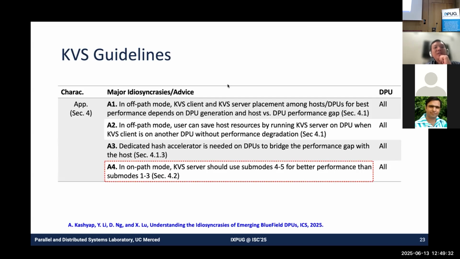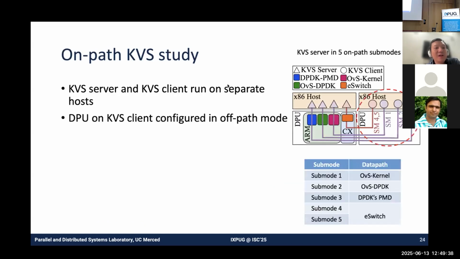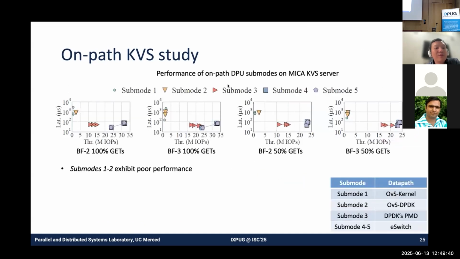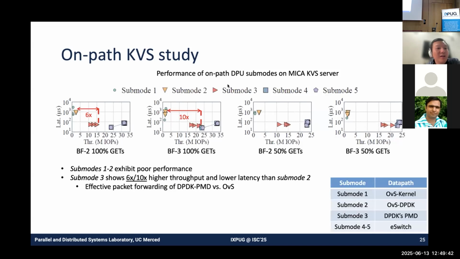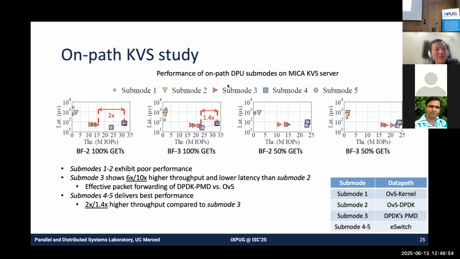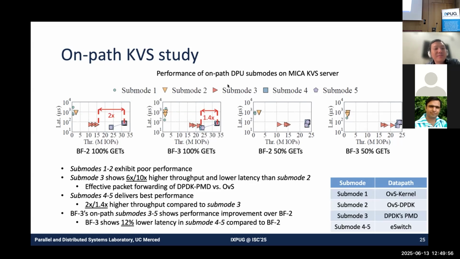Basically, we see that a KVS server should use submode 4 and 5 if you choose on-path mode for better performance. Here, we show some performance comparisons. If you configure your applications with the right mode and the right primitives, we see 6x to 10x performance differences. That's a big difference, in fact.